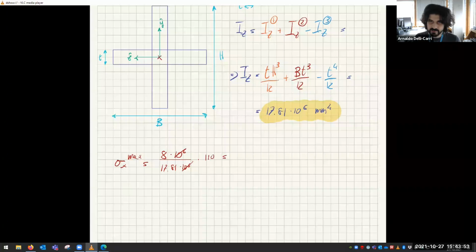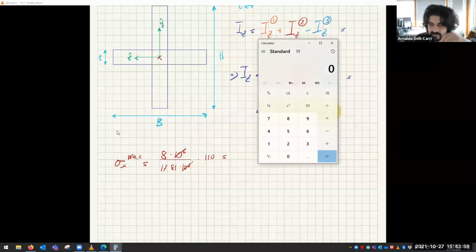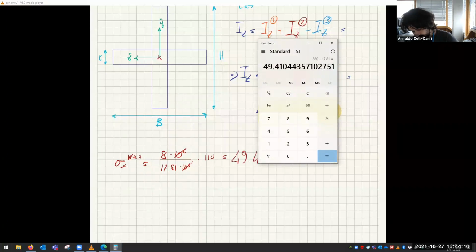And this is equal to, use the calculator, 8 times 110 divided by 17.81, 49.4 megapascals.